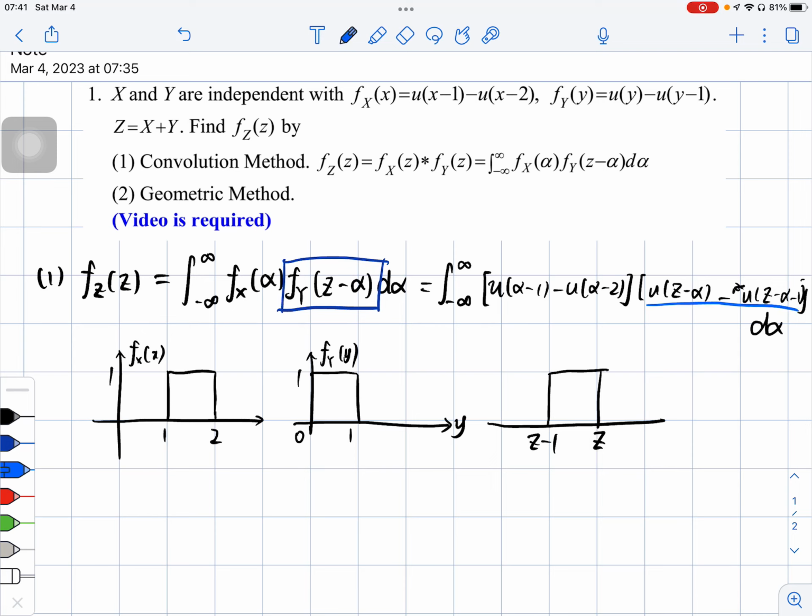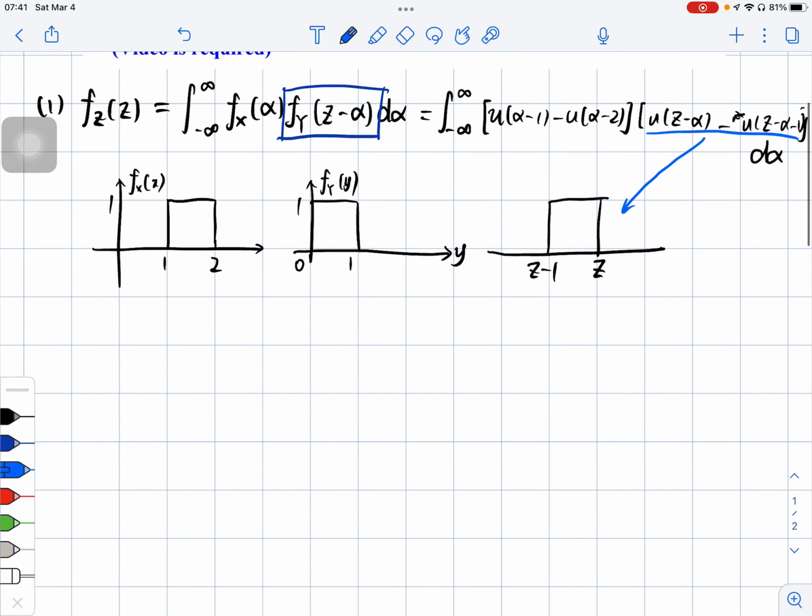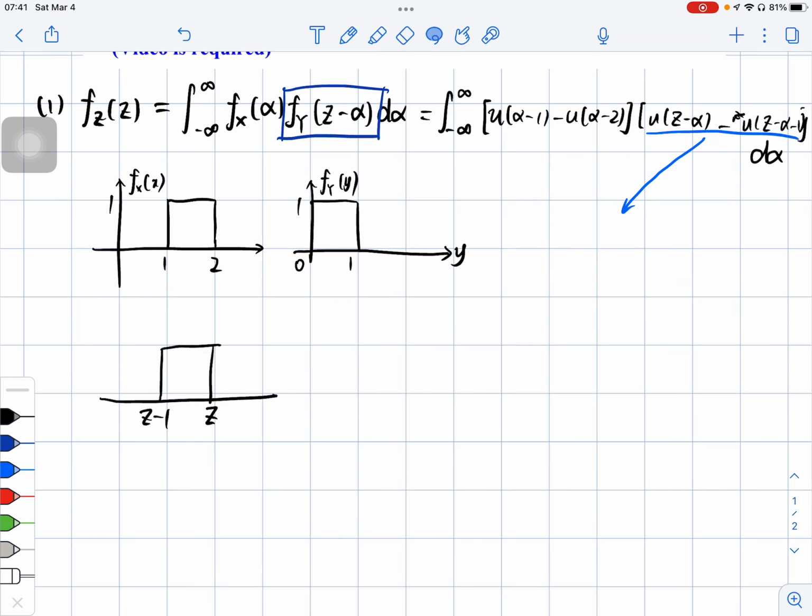Actually, it is linked to here. So we just assume that this part moves from here to here, then here.